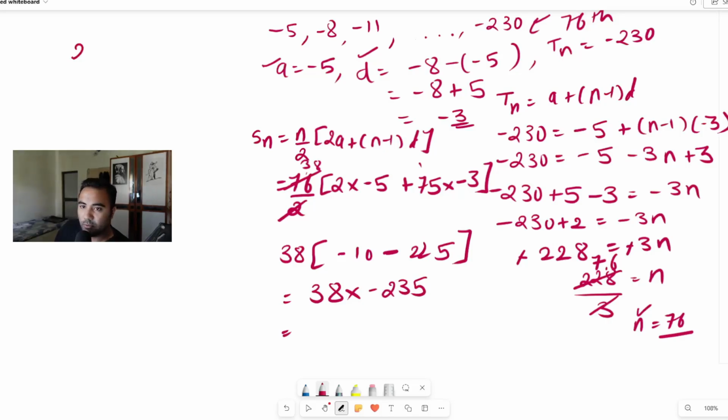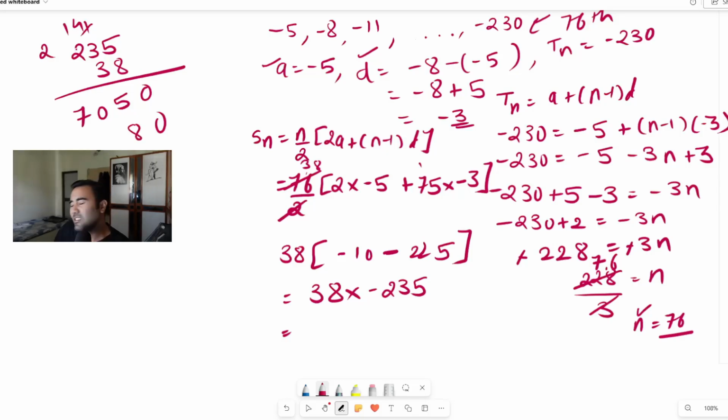This is a multiplication. 235 times 38. 3 5s are 15, 3 3s are 9, plus 1 is 10, 3 2s are 6, 6 plus 1 is 7. 8 5s are 40, 8 3s are 24, 24 plus 4 is 28, 8 2s are 16, 16 plus 2 is 18. 8 plus 5 is 13, 9.